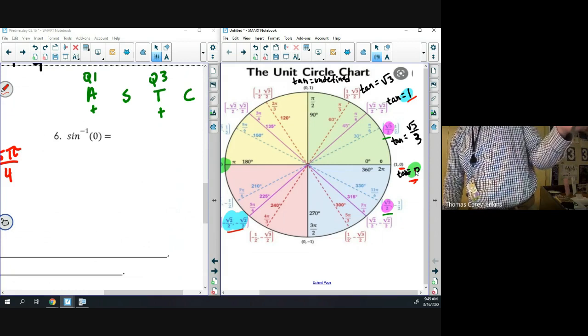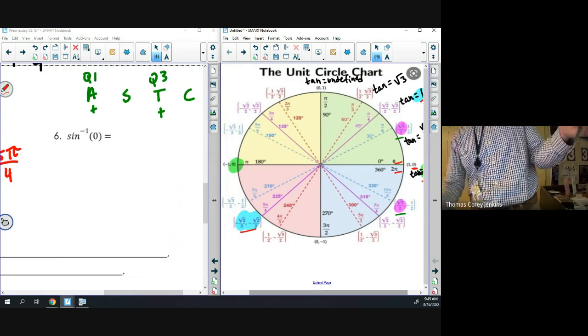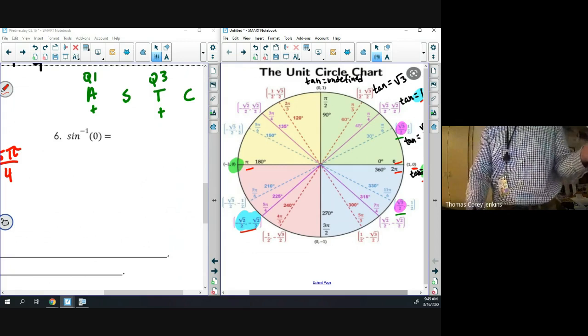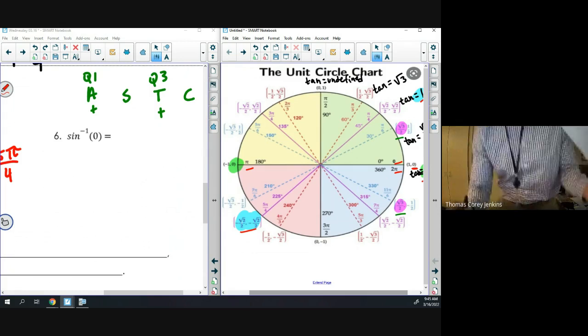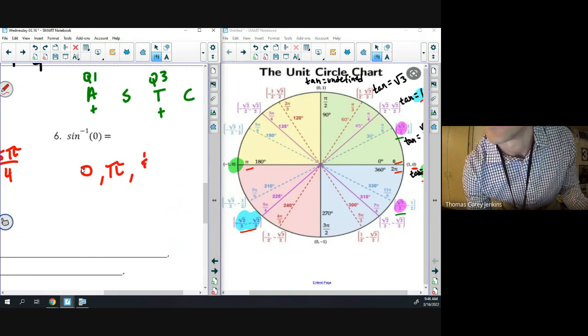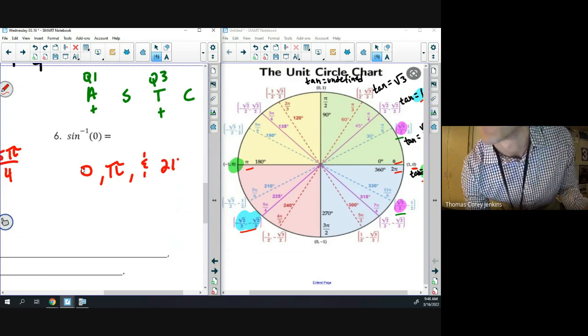That's where sine is 0. So we could call that 0 radians, 2 pi radians, and then across from it we could call it pi radians. So technically this one has 3: 0, 180, and 360, or 0, 1 pi, and 2 pi.